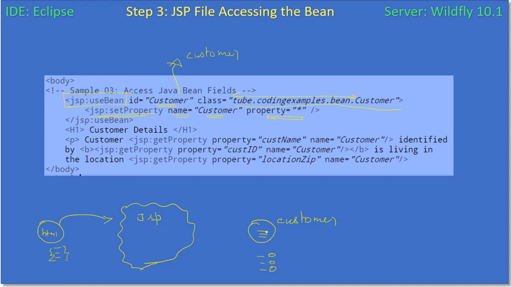So that's why here we are giving the matching name. I mean, when we are forming the HTML, customer ID, customer name, and zip code all are matching one with the field name here.